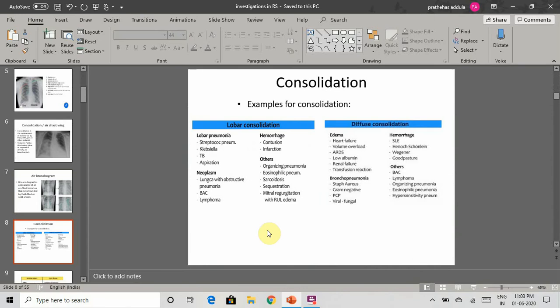Examples of consolidation include lobar pneumonia from infections like Streptococcus, Klebsiella, TB and aspiration. Lobar consolidation can also be secondary to neoplasm and hemorrhage. Diffuse consolidation is usually seen with edema, hemorrhage and bronchopneumonia.